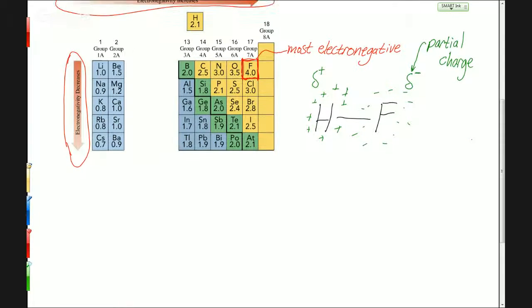If you have a bond with that situation, then we call that bond polar. A polar bond, just like a north pole and a south pole, means that it's separated into two poles, a positive and a negative, through these partial charges. So we would call that a polar covalent bond.